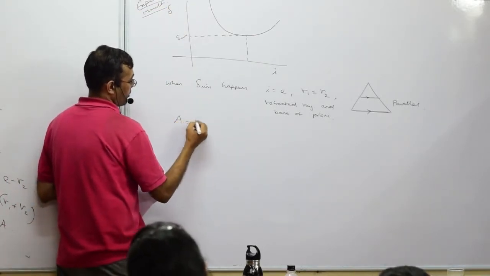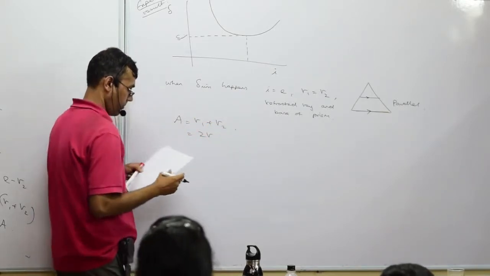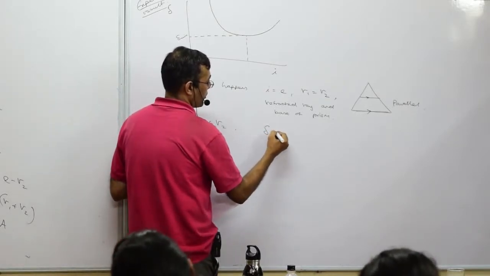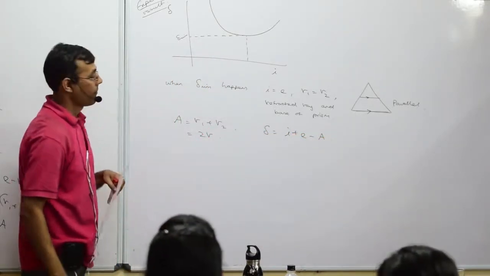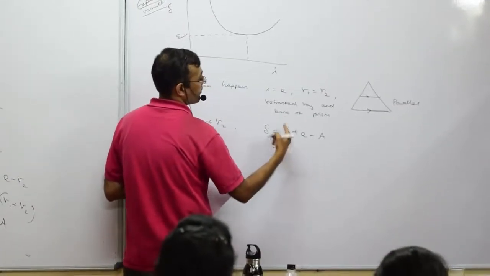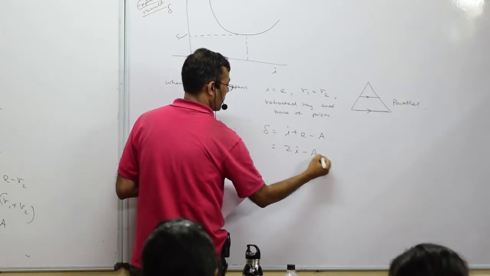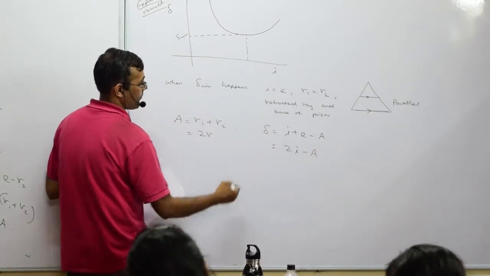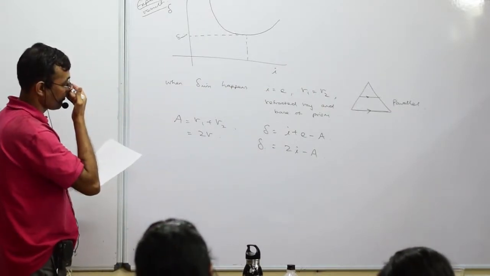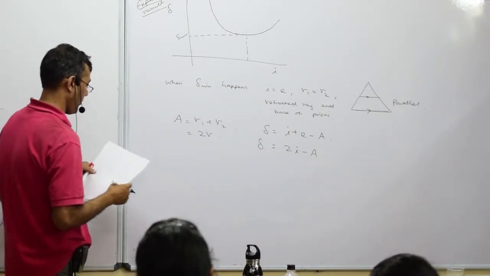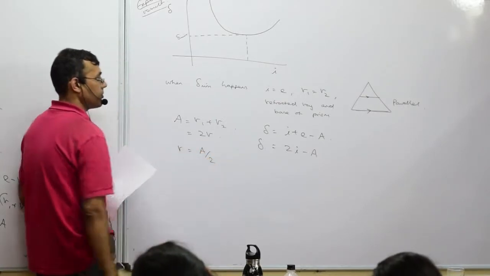So that means A is equal to R1 plus R2, which I can say is 2R. Del is equal to I plus E minus A. I said I and E are the same, so I can write it as 2I minus A. R is equal to A by 2.